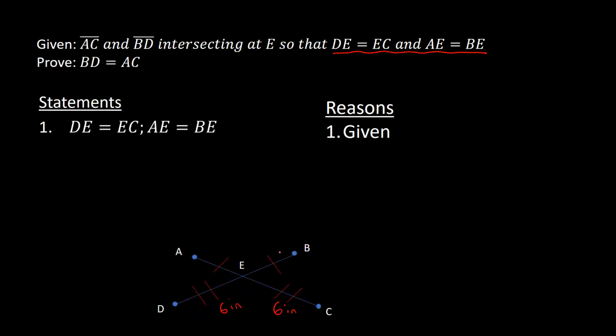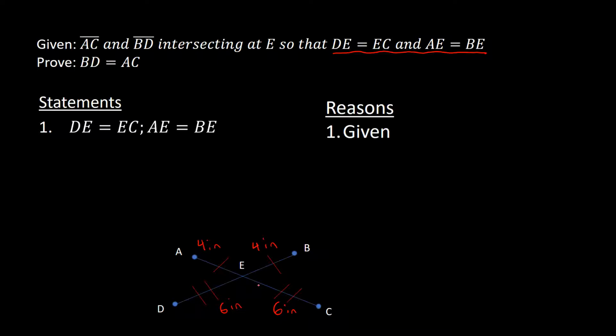And then EB, let's say, is 4 inches, and then AE is the same measure, which is also 4 inches. So we're trying to prove that BD, this entire length, is equal to AC, which would make sense, right? If we take 4 plus 6, the entire length would be 10. And then 4 plus 6 for the other segment would also be 10.